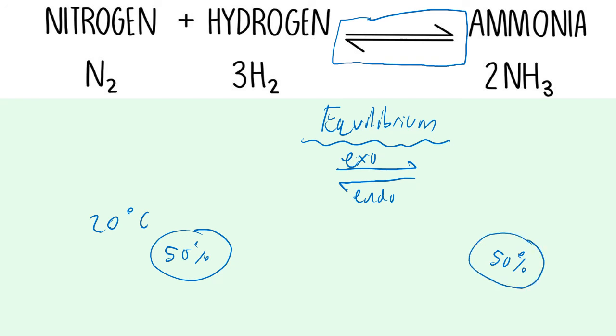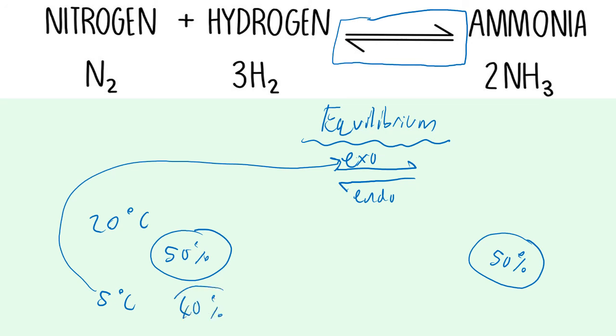If I then make it colder, if I do it at 5 degrees C, I'm encouraging this one, the top reaction. So maybe then what I get is 40% left here and 60% here.